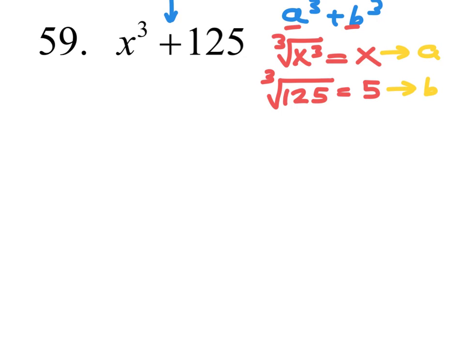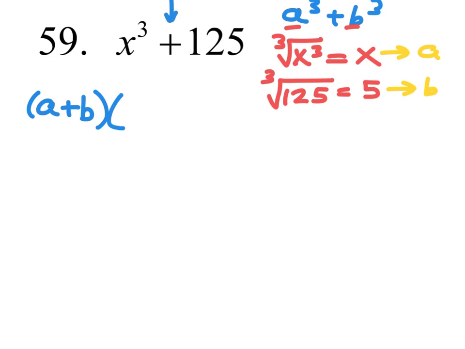The next part about this type of problem is just memorizing the formula. I've talked to some other teachers, and it sounds like the biggest issue we have is memorizing the trinomial part of this. The first part of this formula is a plus b.